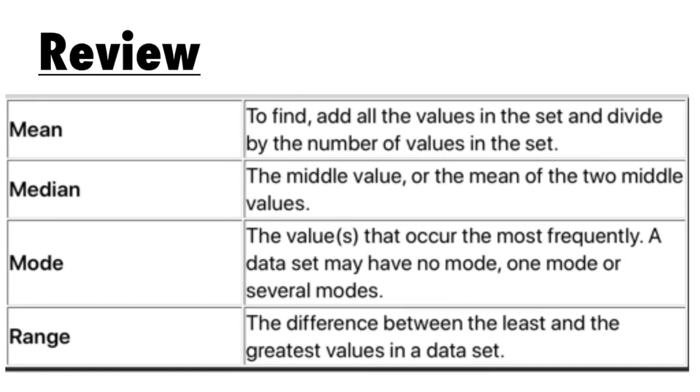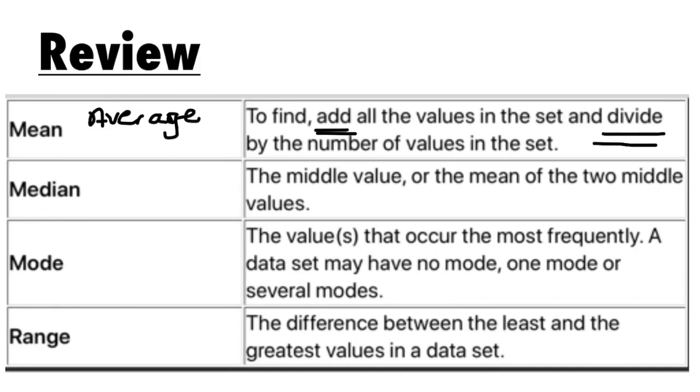So your mean, or some of you may have heard this in previous years referred to as average. You find your mean or average by adding all of the numbers in a set of values and then dividing by the number of numbers in the set of values. So you add and then divide, and that number gives you your mean.